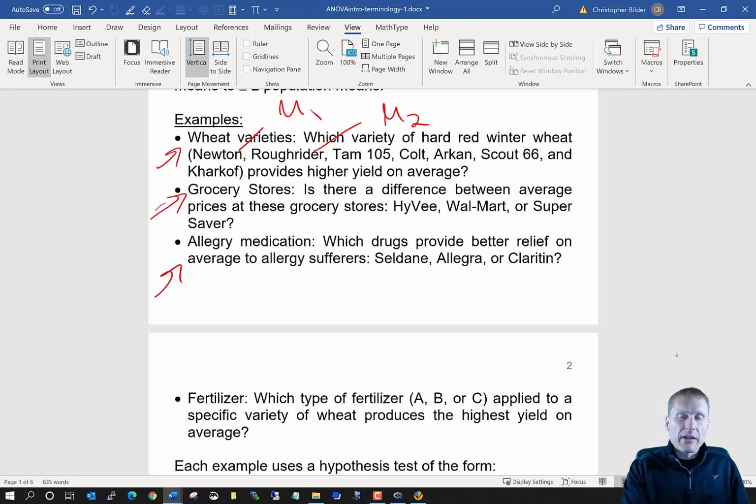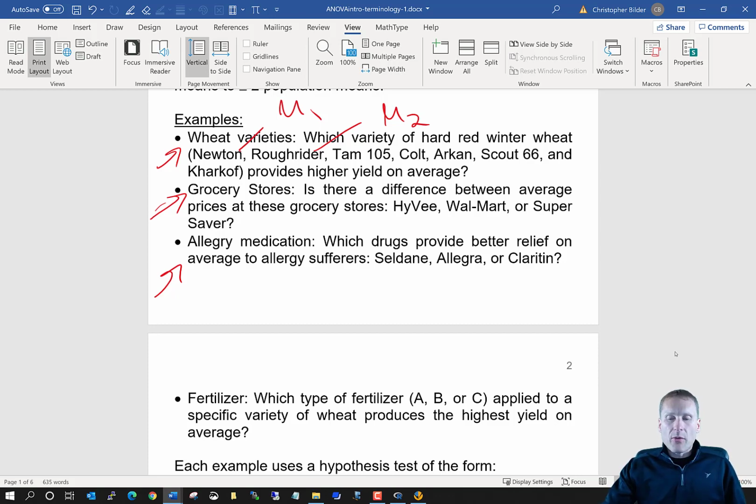In the pharmaceutical industry, they use analysis of variance all the time to determine which type of medical treatment might be the best. For example, we might want to compare three different allergy relief medicines, and which provides the highest average relief from the symptoms when they're given to patients.